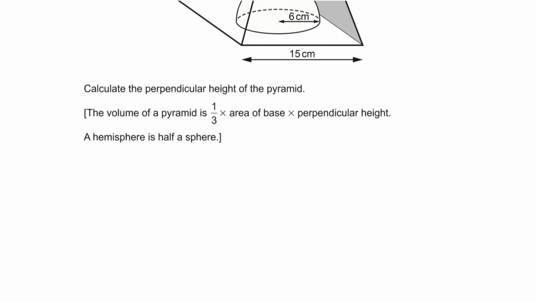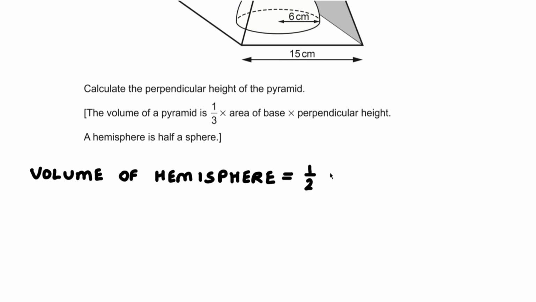So what we can do to begin with is find out the volume of the hemisphere. The volume of the hemisphere is going to be half times 288 pi, which is 144 pi.